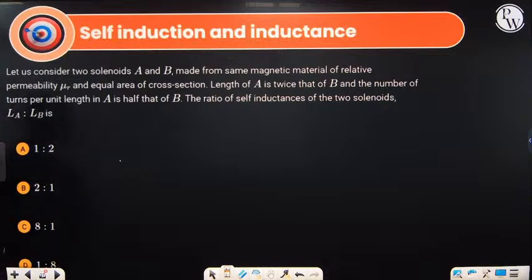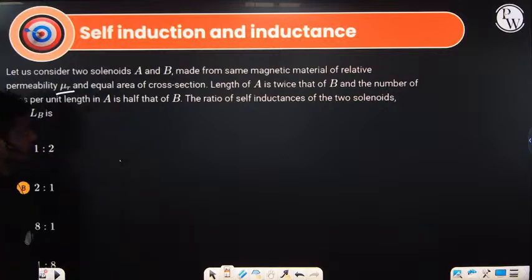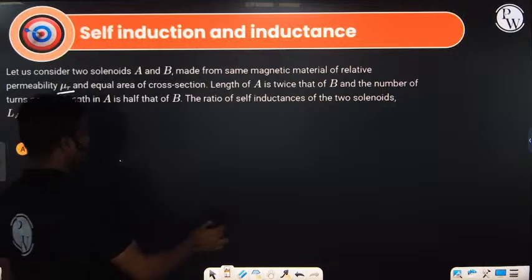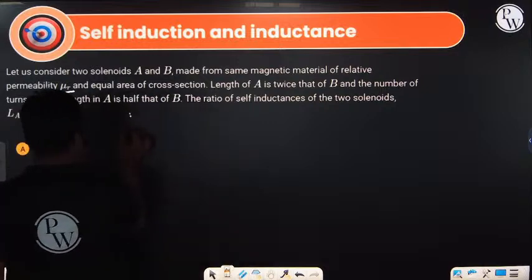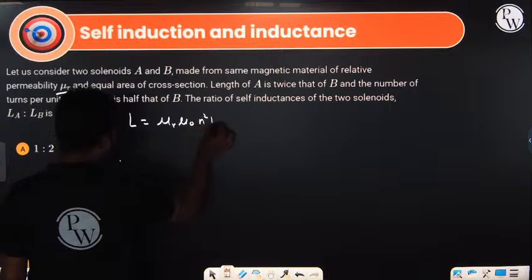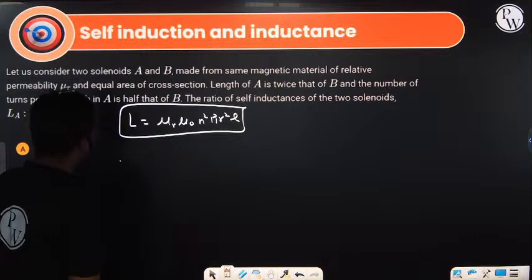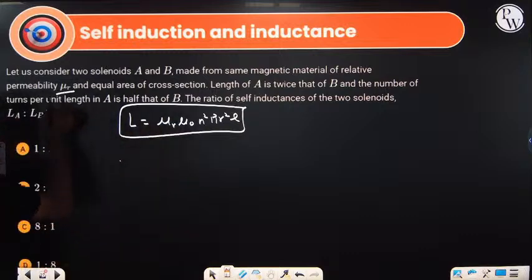Let us consider two solenoids A and B made from the same magnetic material of relative permeability mu r and equal area of cross section. The length of A is twice that of B, and the number of turns per unit length in A is half that of B. The ratio of the self-inductance of the two solenoids is asked. The self-inductance depends on L equals mu r into mu naught into N square pi r square into small l. The area is the same.